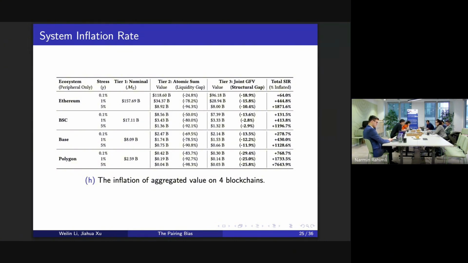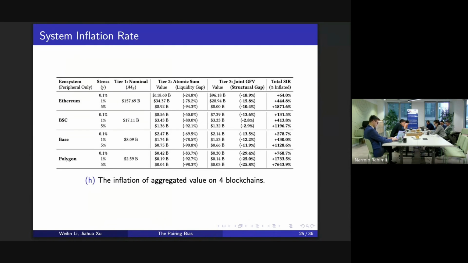On Ethereum, just by selling the tokens, you will lose about 25%, a quarter. From tier 2 to tier 3, we try to sell all these tokens simultaneously, so every token inside this system is exiting. This minus 18.9% represents the liquidity bottleneck on the Ethereum network.